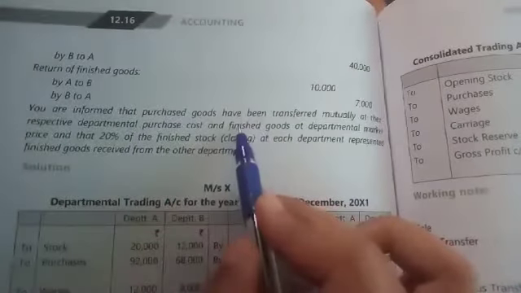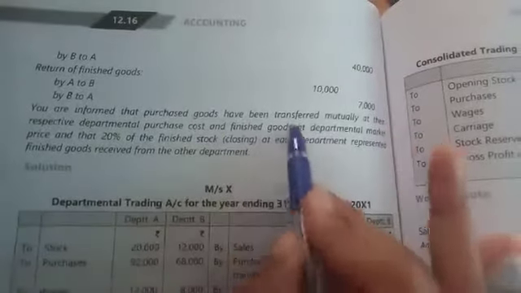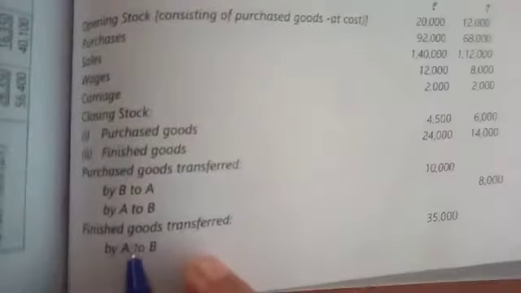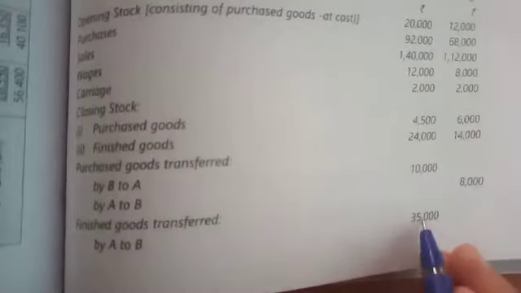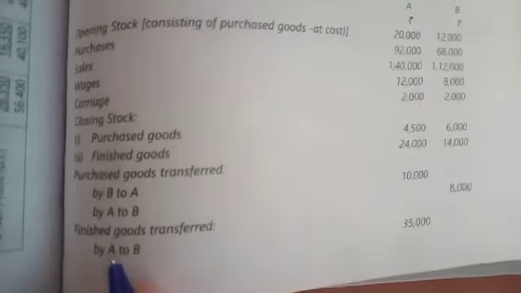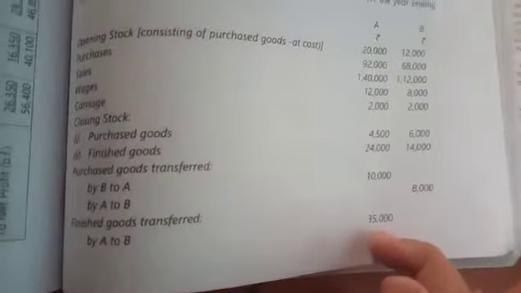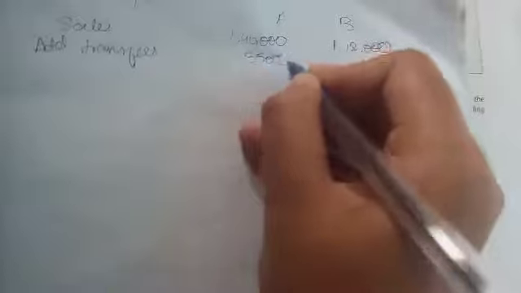So we are considering only the finished goods transfers because they contain the profit margin. Finished goods from A to B is 35,000. By A it has gone to B. So A should take that back. So add 35,000 for A.